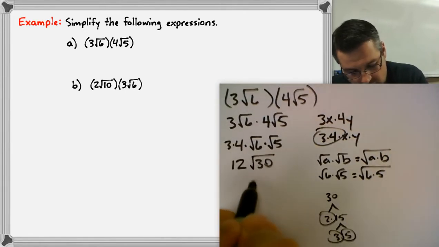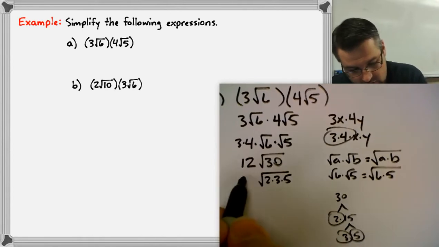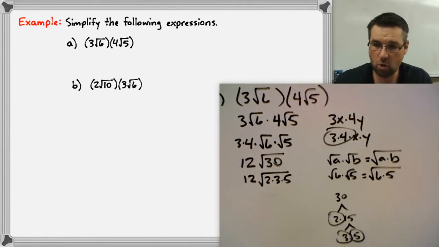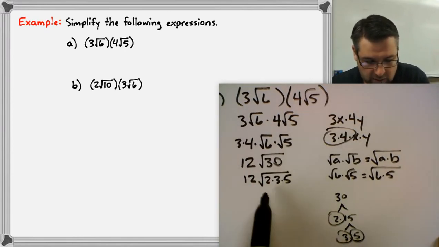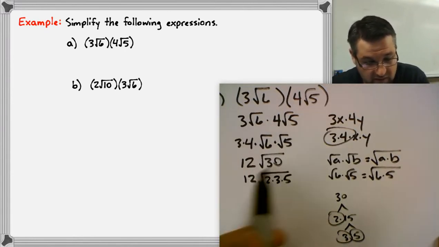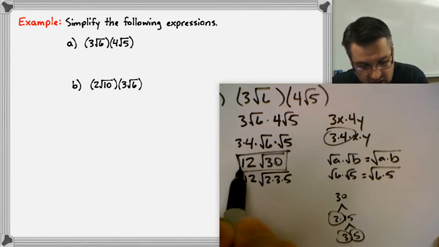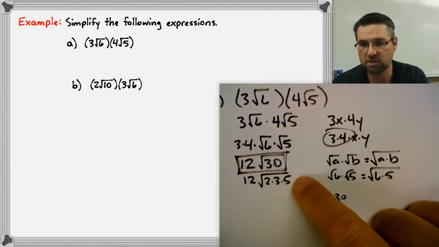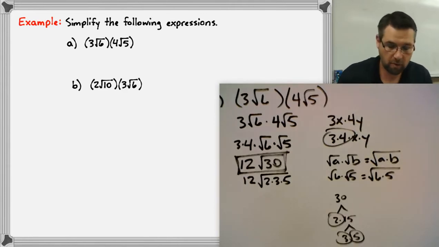So we end up with the square root of 2 times 3 times 5, and then the 12 is out front. Notice there are no pairs there. There are no partners to try and escape the prison. So we can't escape the prison. We leave them all inside. And so this is our most simplified form, 12 radical 30. So you go through the process, you try and simplify it as much as you can. If you can't simplify anymore, then you leave it like that, 12 radical 30.